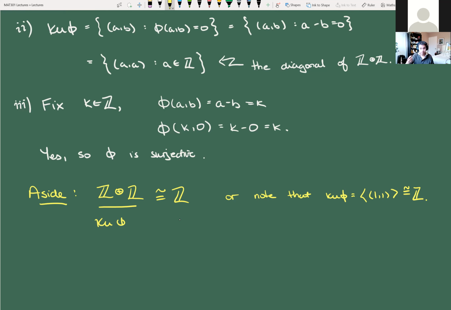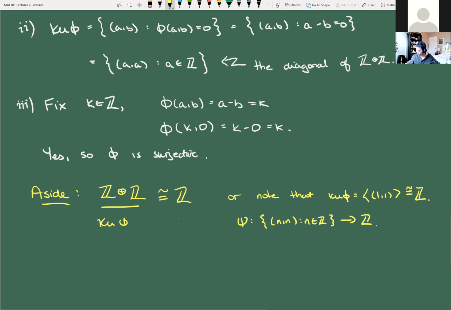In fact, let's do this as an aside. If I wanted to define the isomorphism, instead of writing it like this, let me write it as (n,n), where n is in Z, and I wanted to map this to Z, how would you define the isomorphism if you really wanted to? What would (n,n) map to?